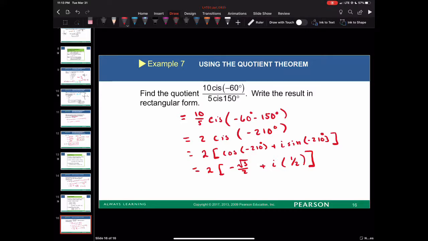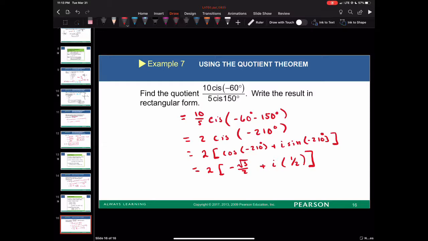Then we have same case for the other one. So we know that 210 is in the second quadrant, but we got negative 210. So if we got negative 210, it should be what?